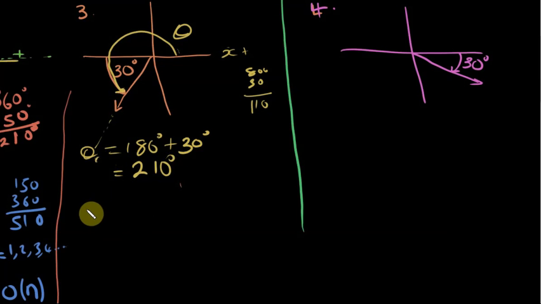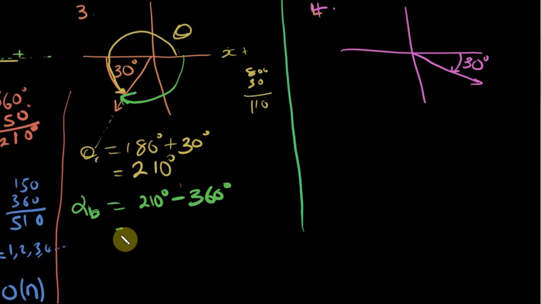Alright, cool. So what is our coterminal angle, which is really what we're interested in? We have one which is clockwise. To get that one, we would say coterminal angle B. Coterminal angle B is equal to 210 degrees minus 360.